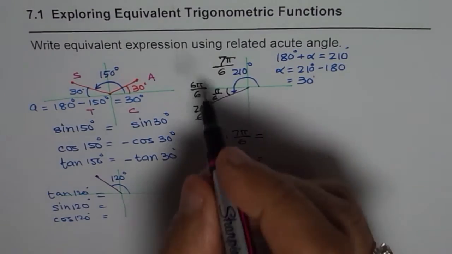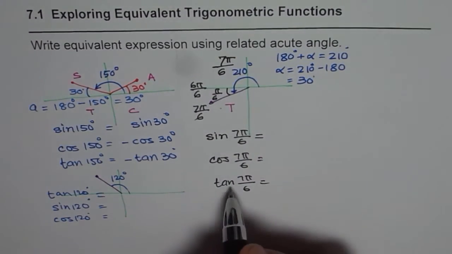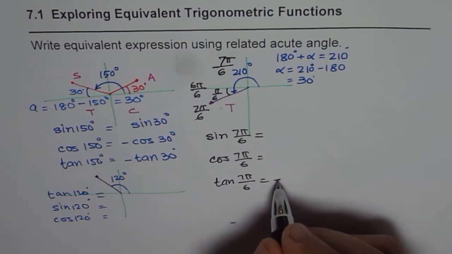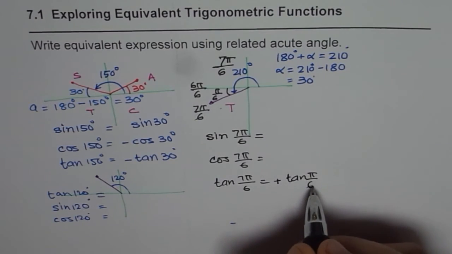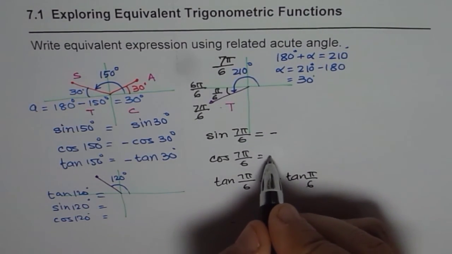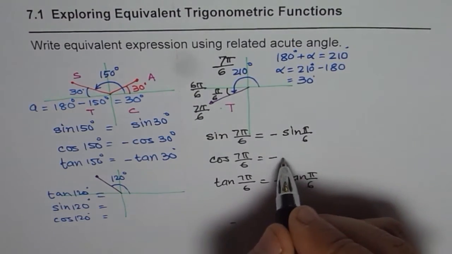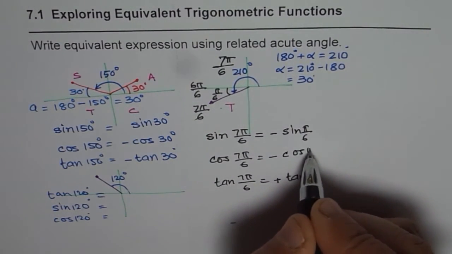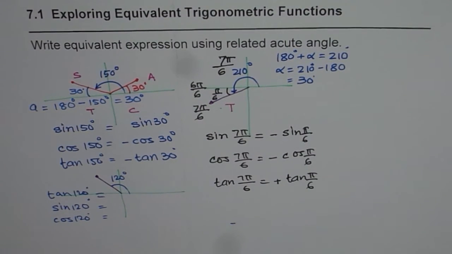Well, as you know, only tan is positive here, correct? And therefore, only tan will have a positive value, and it will be tan of pi by 6, the acute angle. For the others, we'll have negative values. For sine, it will be minus sine of pi by 6. For cos, it will be minus cos of pi by 6. I hope that makes the concept clear to you, right?